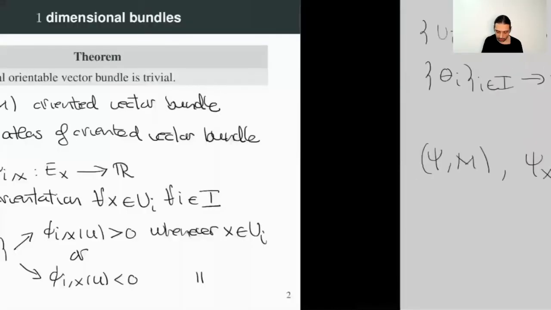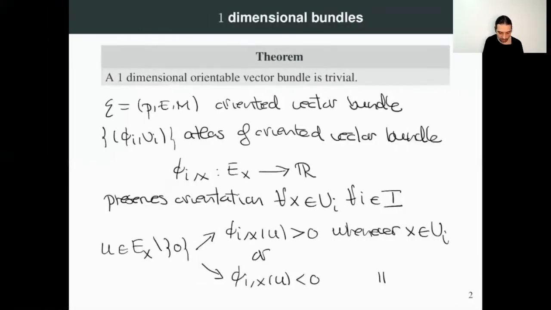So let's consider a vector u in the fiber such that this property is satisfied. We can do that. If not, we replace u with minus u.